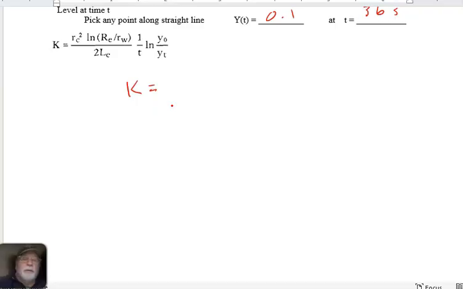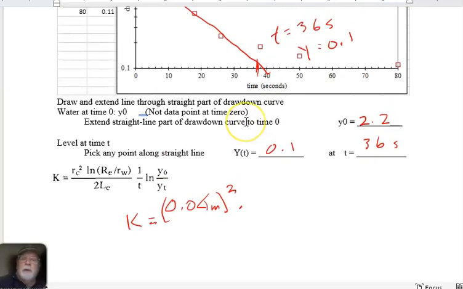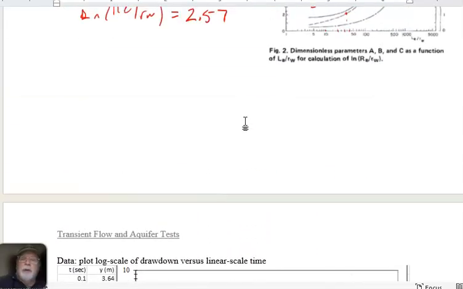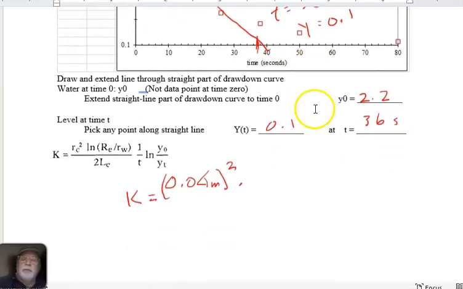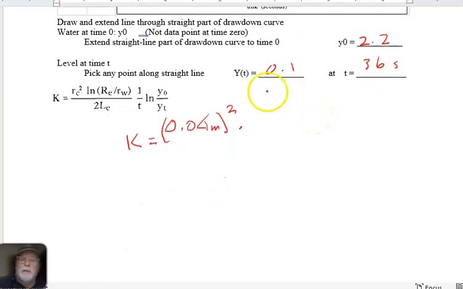So 0.04 meters squared times the log of RE over RW, which we determined that whole term together is 2.57. In a test, you might be given the RE, and then you'll have to plug in the RW and take the log of that.